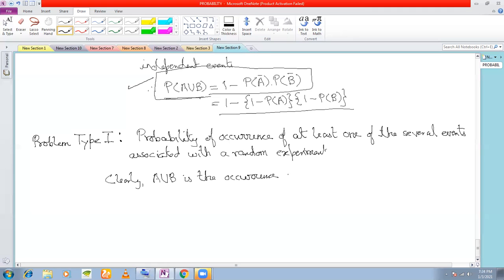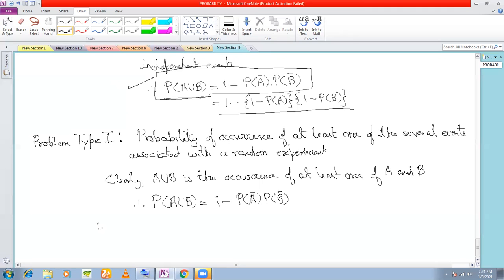A union B is the occurrence of at least one of A and B. So how will you calculate this probability? From this formula only. P(A union B) is equal to 1 minus P(A bar) into P(B bar). Understood?